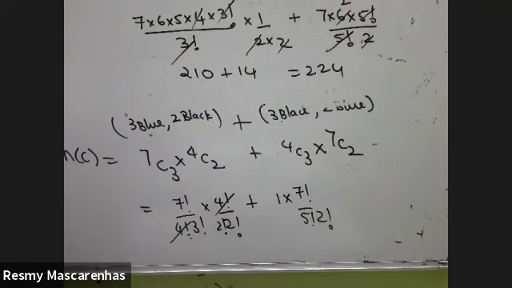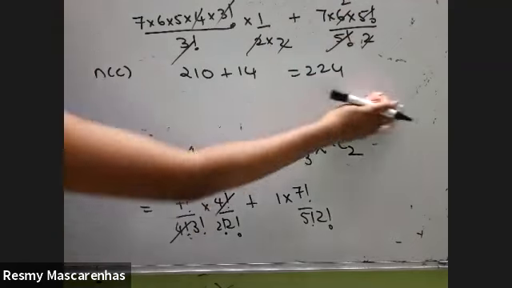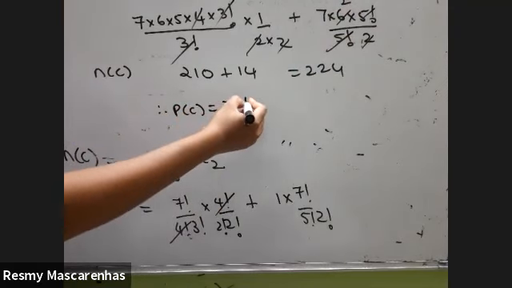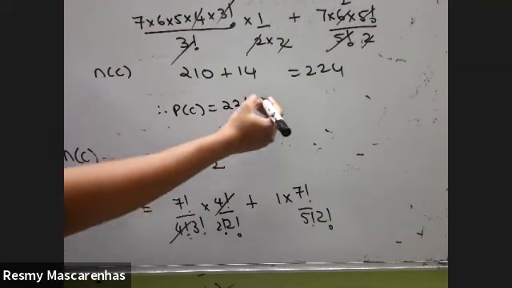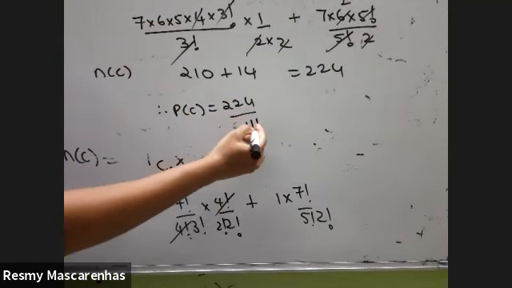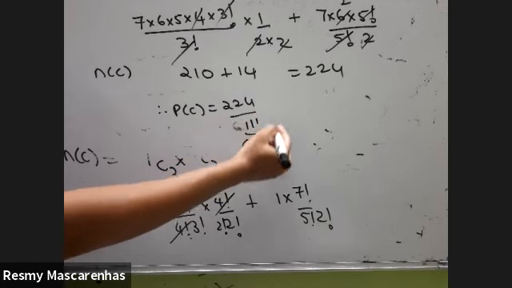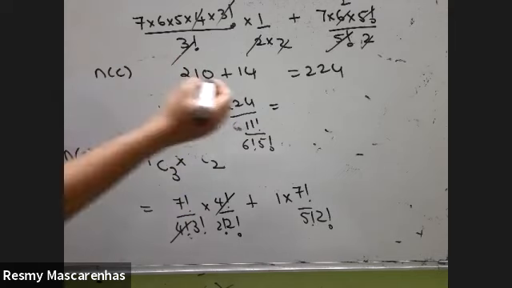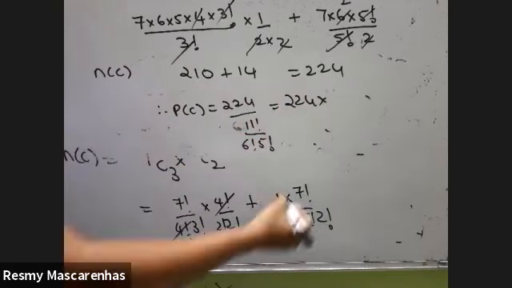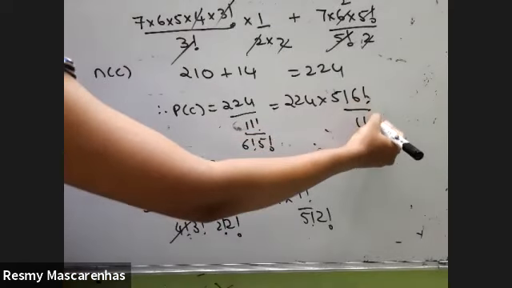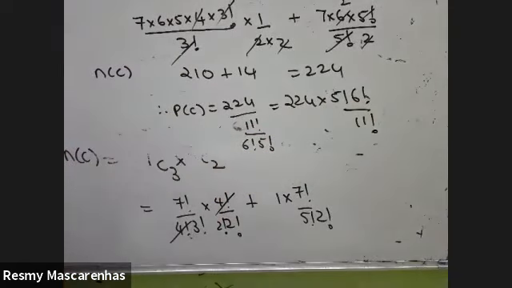That is n of C. And then you divide by your sample space. And then open up this bracket and calculate.